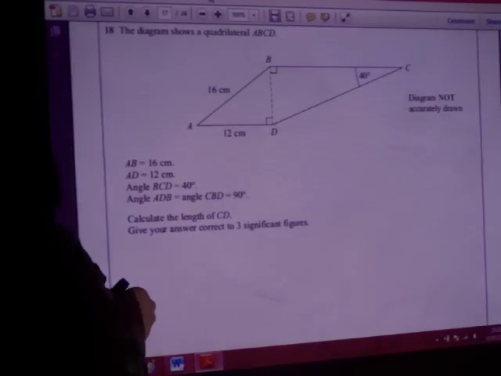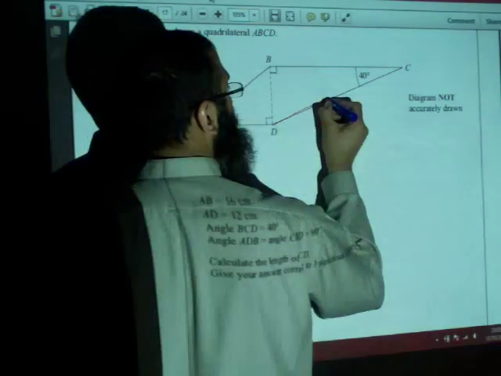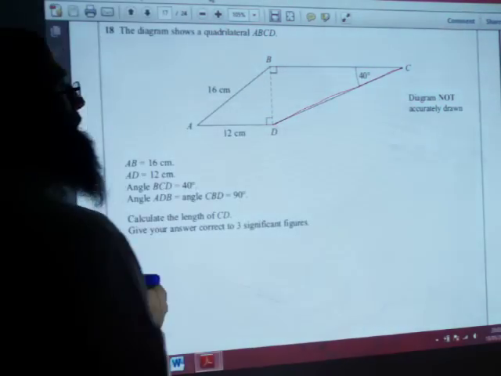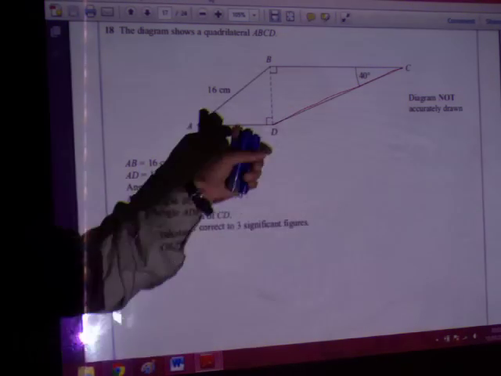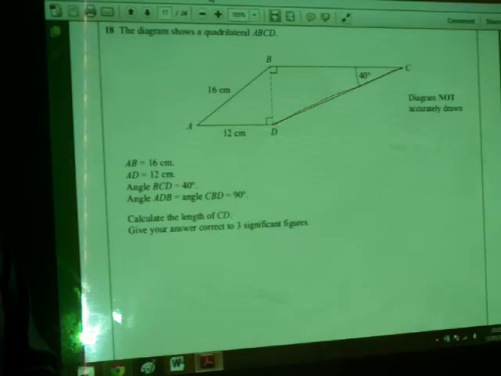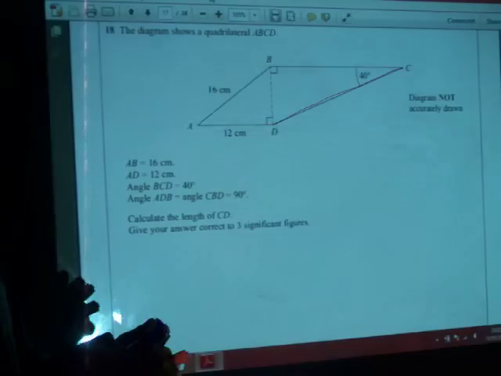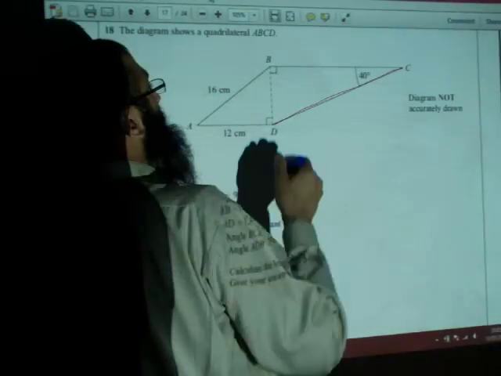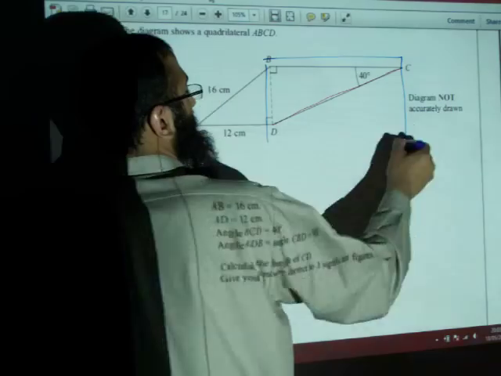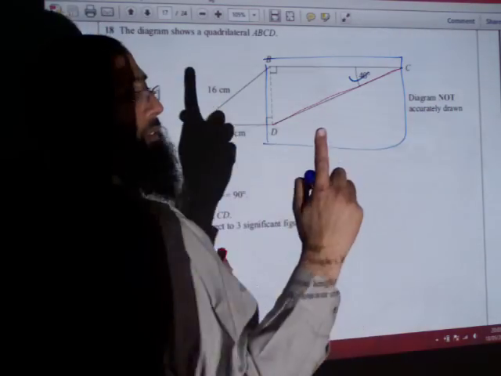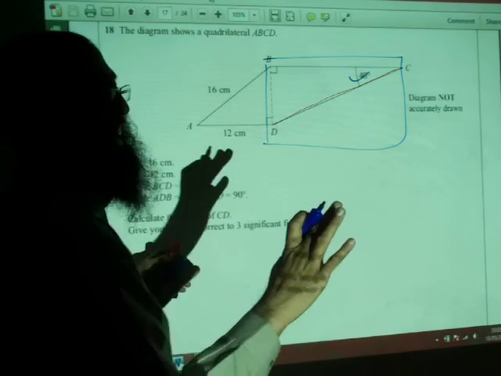So we've got to work out CD. Now, in this right angle triangle, what do we know? The top one. In this right angle triangle over here, we only know the angle and we don't know anything else.